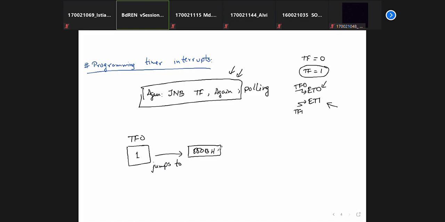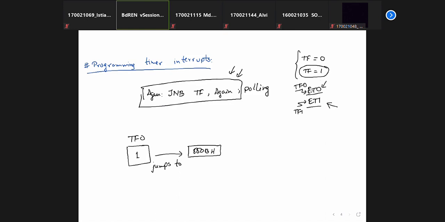Okay. All right, so I'm summarizing again. Our TF flag becomes 1 whenever your timing operation is finished. So if you enable these interrupts, that is ET0 and ET1, say ET0 is enabled, whenever your TF0 becomes 1, it invokes the ET0 interrupt.